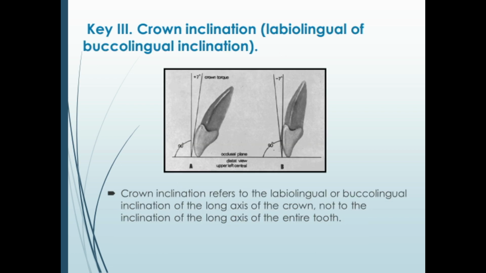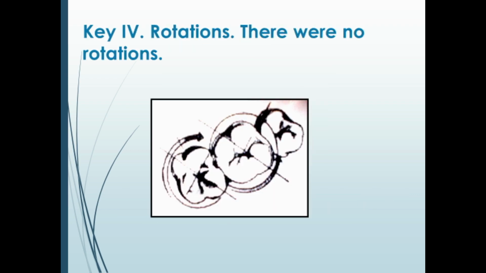Key 3, crown inclination, labiolingual or buccolingual inclination. Crown inclination refers to the labiolingual or buccolingual inclination of the long axis of the crown, not to the inclination of the long axis of the entire tooth. Key 4, rotations: there were no rotations.